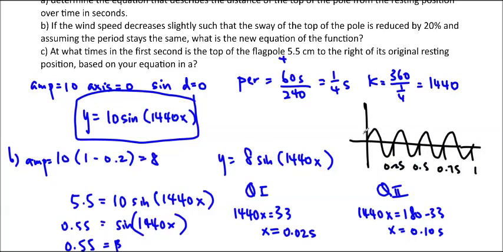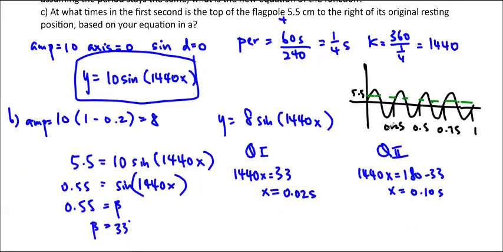So I actually expect, if this is 5.5-ish right here, and I'm just going to choose a different color, if I go through at 5.5, I do actually expect to go through it 1, 2, 3, 4, 5, 6, 7, 8 times. So the question is, how are we going to find those answers? So I found the first one, which is 0.02, and I found the second one, which is 0.1, but how are we going to find this one?